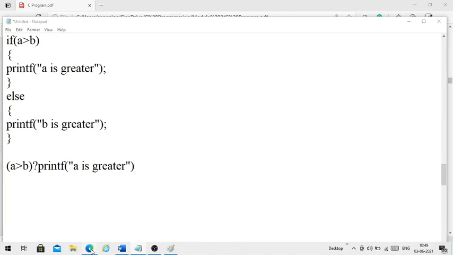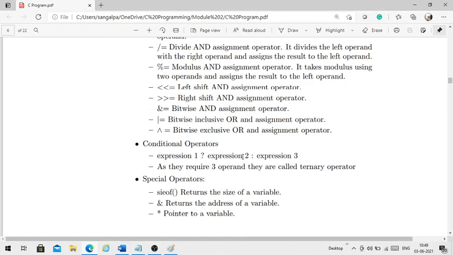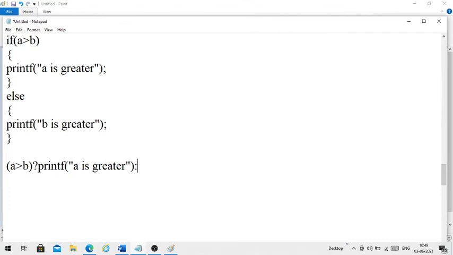That is expression 2. Then I add a colon and printf "B is greater". So we can write this whole sentence using this.